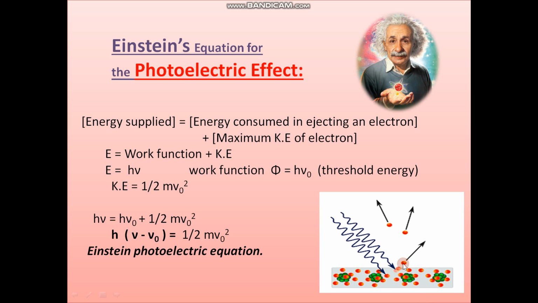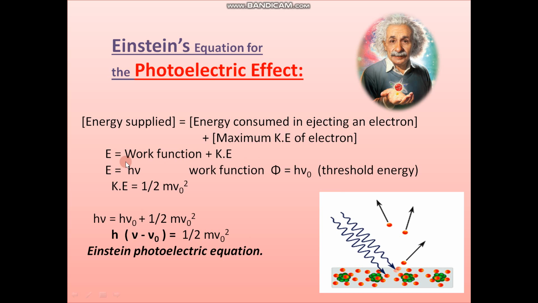After the ejection, the electron starts to move away from the surface with kinetic energy. So energy supplied is equal to energy consumed plus maximum kinetic energy of the electron. We can represent this as E equals work function plus kinetic energy.